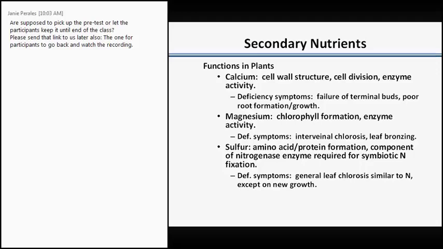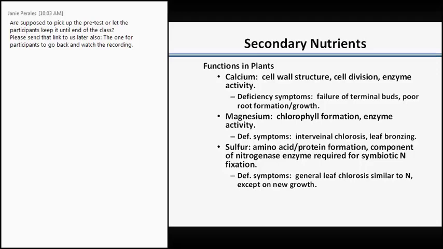Sulfur is a part of the amino acids, and because it's part of the amino acids, it's part of the protein formation. So very much intertwined with the organic molecule. Very good, very functional component in the nitrogenase enzyme, which is required for nitrogen fixation in plants.